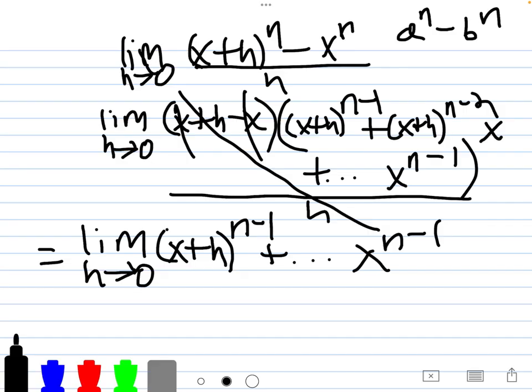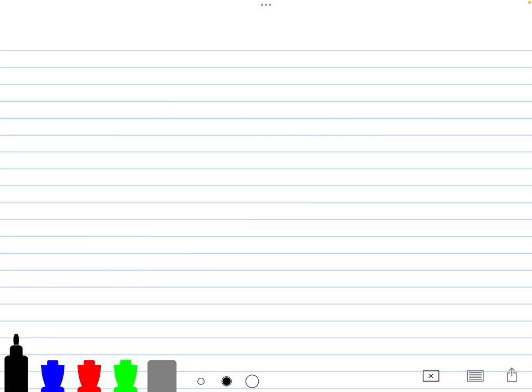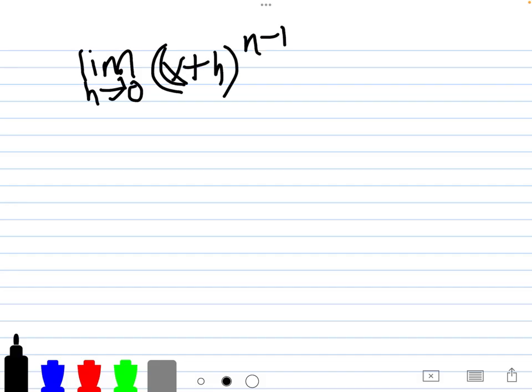And as you can see, from here we can just directly substitute for h, because we're no longer going to get an undefined answer now that h is no longer in the denominator. And so we left off at the limit as h approaches 0 of x plus h to the n minus 1, plus, and I'll include a couple of extra terms just so it's clear what we're doing.